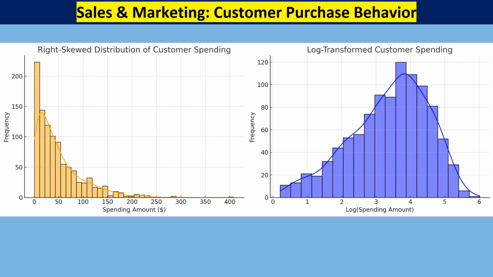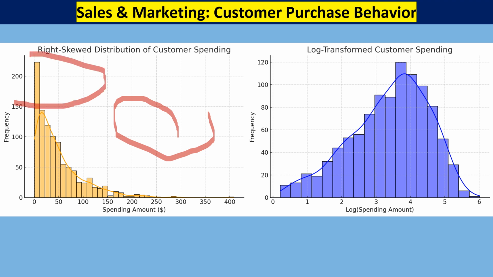So the left plot, the orange one, shows a right skewed distribution, meaning most customers spend a lower amount, but a few spend a significantly larger amount. And the right side, the blue one, after applying a log transformation, the data appears more normally distributed, making it easier for statistical modeling.